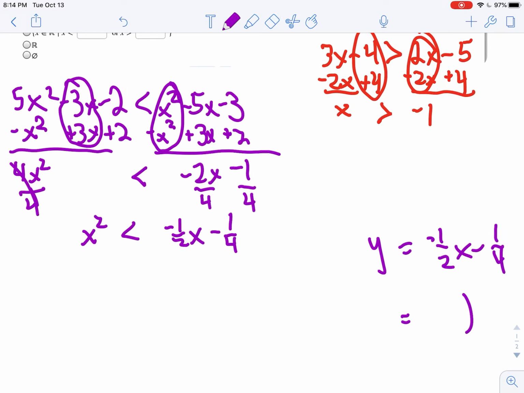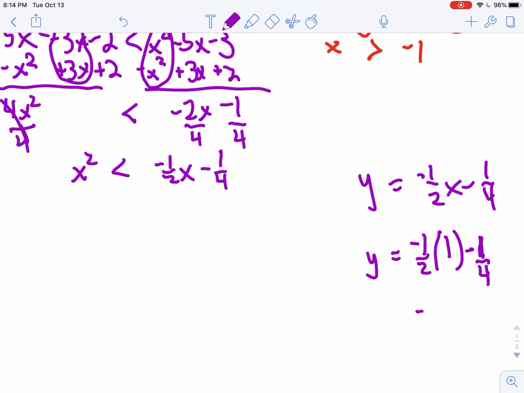I should probably stick to something simple, like 1. Maybe -1/2 times 1 minus 1/4, and the y value is going to equal that. -1/2 times 1 is, well, it's -1/2. I'm going to re-express it though as -2/4. So I've got -2/4 minus 1/4. That's -3/4.